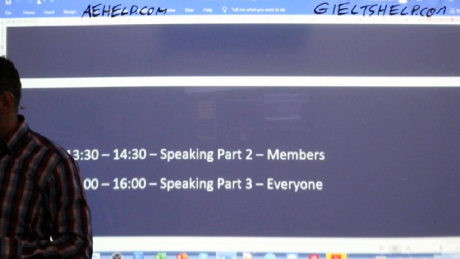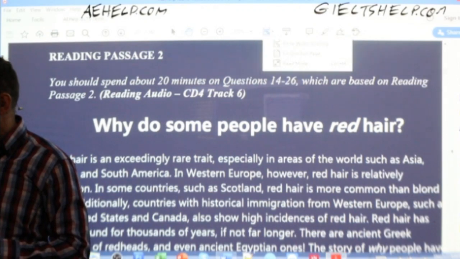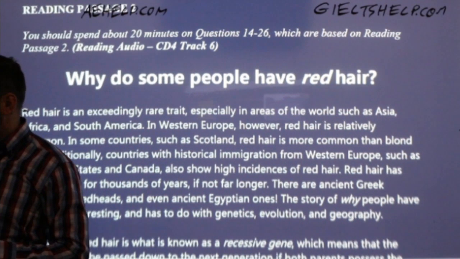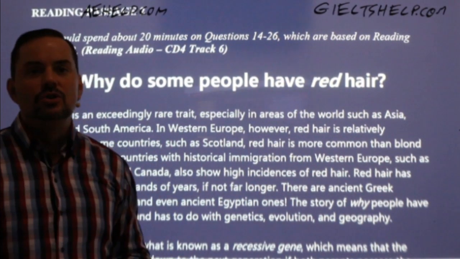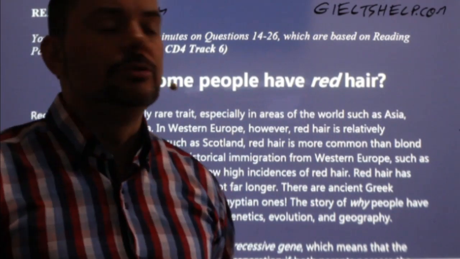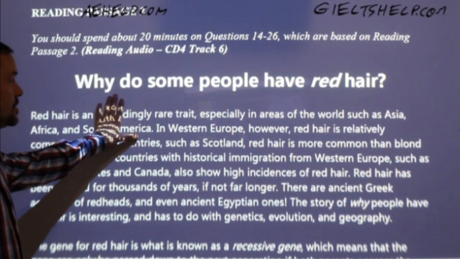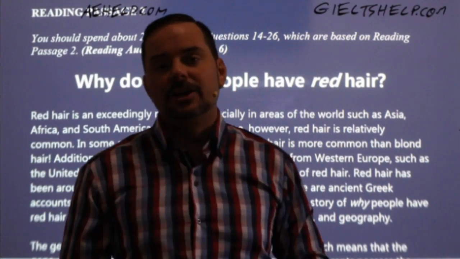All right, so let's take a look at our reading passage for today. So here we have reading passage 2 coming out of our exam book 2, test number 4. Why do some people have red hair? That's the title. Okay.